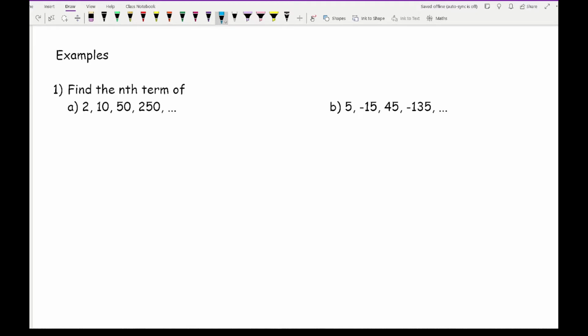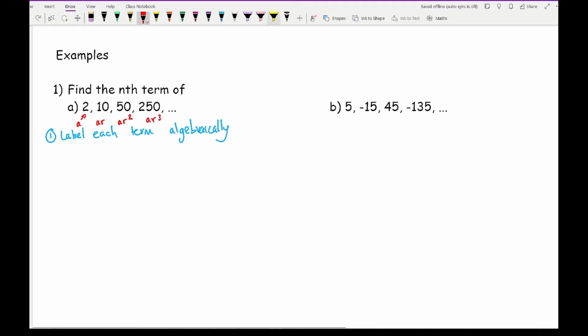So for this, what I would always recommend is that the very first thing you do is label each term algebraically. So here, 2 is going to be a, 10 is going to be ar, 50 is going to be ar squared, and 250 is going to be ar cubed.